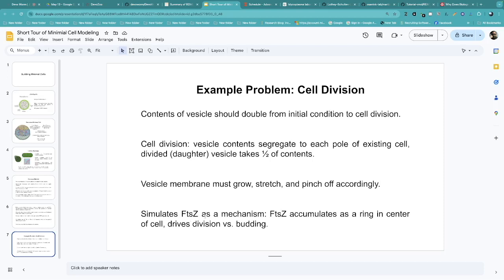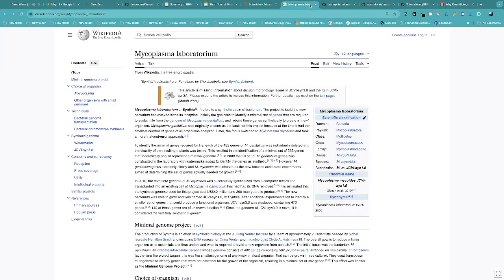That's a protein-driven process. You can also simulate this segregation of materials, this doubling in number of materials, and this stretching of the vesicle. All those things we need to model for this process to happen, and they showed how this can be done in their models. So, this is Mycoplasma laboratorium.